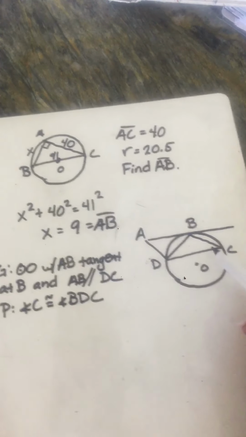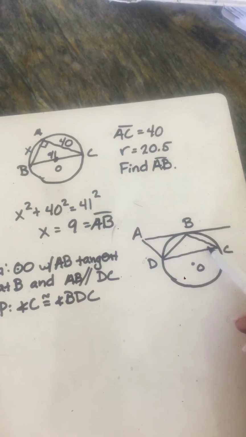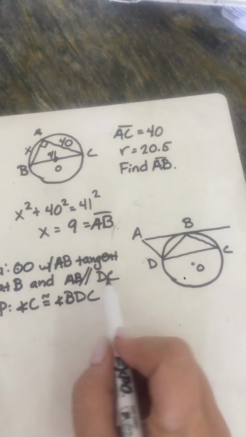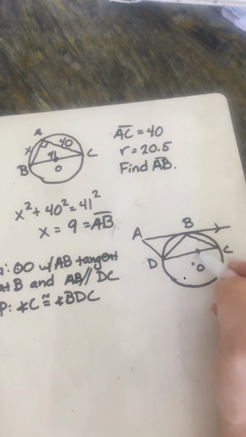So angle C over here is congruent to BDC. Okay, so the triangle is going to become isosceles, maybe. All right, we've got parallel lines. So I'm going to mark them, label them parallel. Whenever you see parallel lines, start looking for those letters, remember? The F's, the N's, the Z's, the C's. So let's look at this guy.